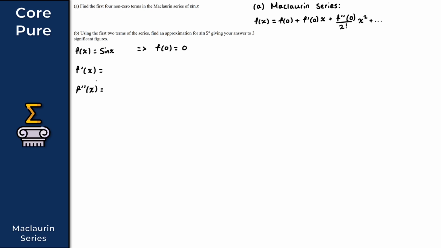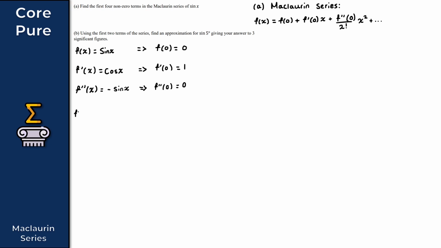So f prime of x: differentiate sin x with respect to x, that just gives us cos x. And again, don't forget to evaluate this at x equals 0. So f prime of 0 is equal to 1. f double prime of x would give us minus sin x, so f double prime of 0 would give us 0.